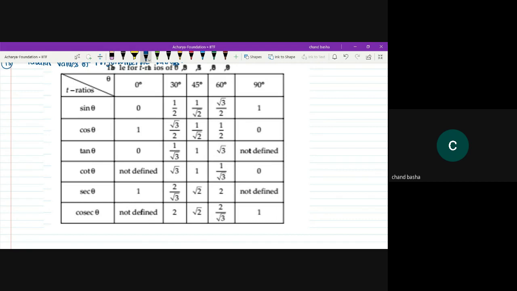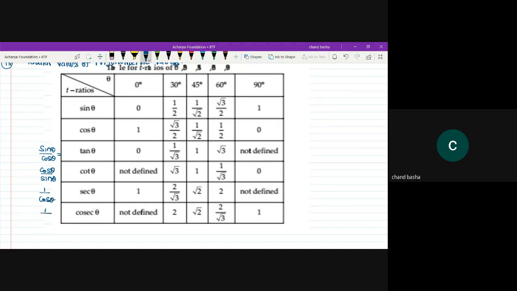Tan means sine theta upon cos theta. Already you know that. That means sine 0 upon cos 0 will give tan 0. And you know that the reverse values of tan will be cot, or you can write cos theta divided by sine theta. Secant means 1 divided by cos theta.